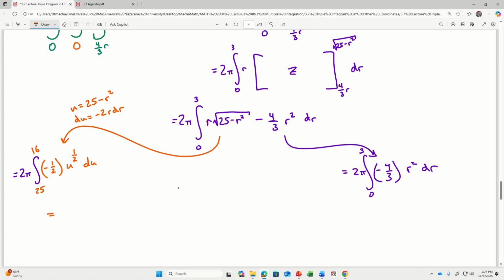The negative half times the 2 makes it negative pi. Although I could make it positive pi if I just switch the bounds. And then u to the half du. What's the antiderivative of u to the half?